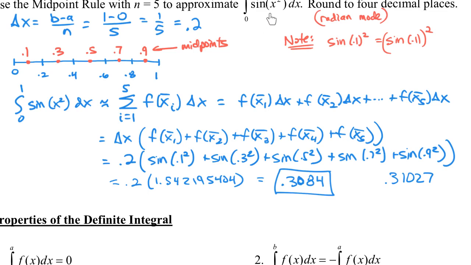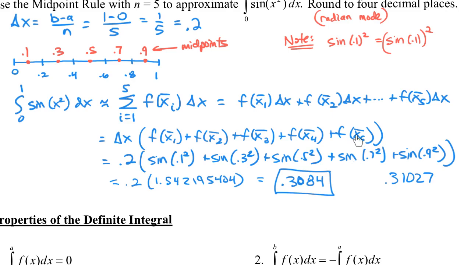We're plugging values into this function to get the height of the rectangle, and then we're multiplying by the base of the rectangle. So we didn't do any integration. We're avoiding integration here. We're using the midpoint rule to approximate that integral, which can be interpreted as finding the area under this curve between 0 and 1.